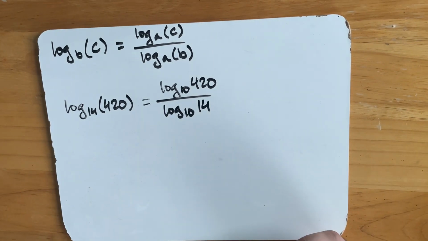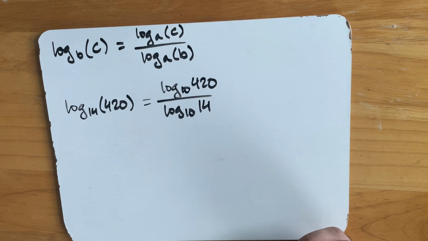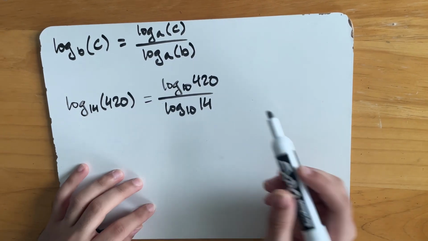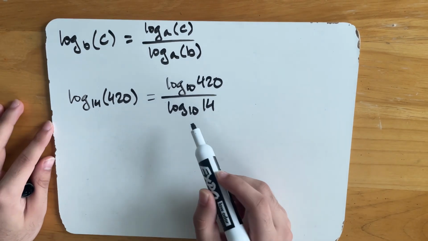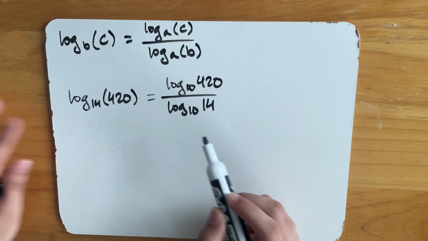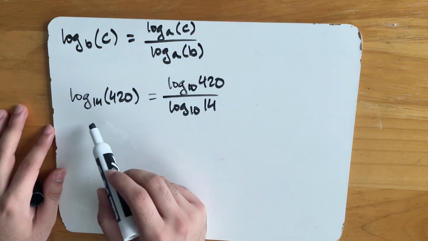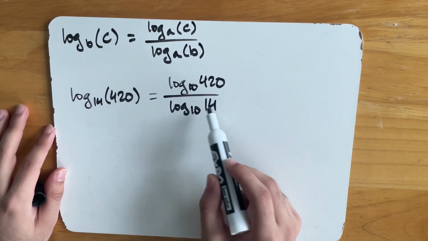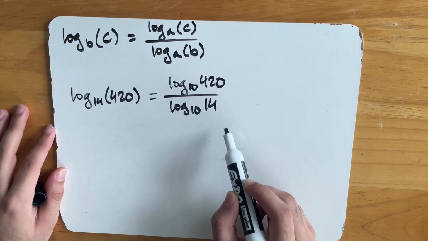People are going to hate me for using non-standard names for argument and base, but honestly, I think this will help you remember the change of base better, so I don't really care. So we're rewriting it using common logs, log base 10, that we can then plug into our calculator. We can rewrite log base 14 of 420 as log base 10 of 420 divided by log base 10 of 14.